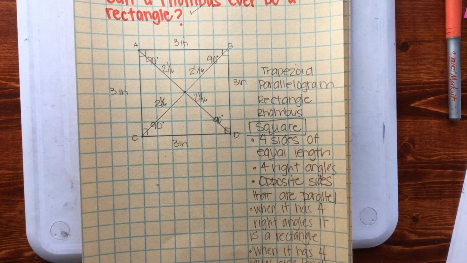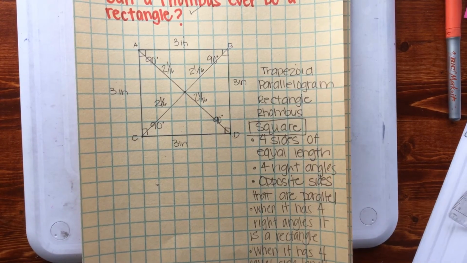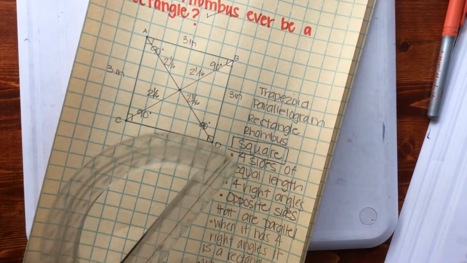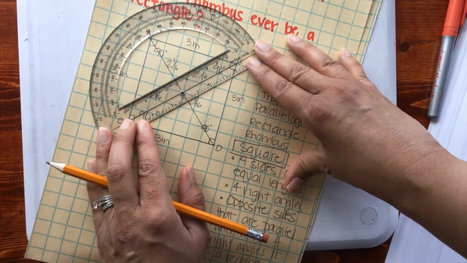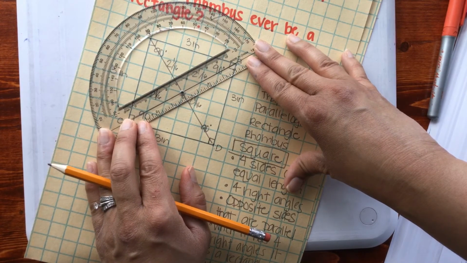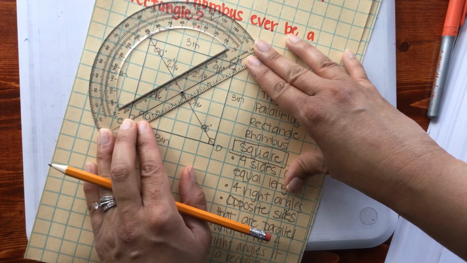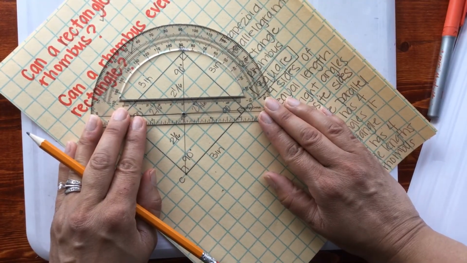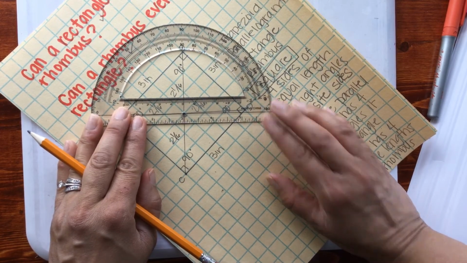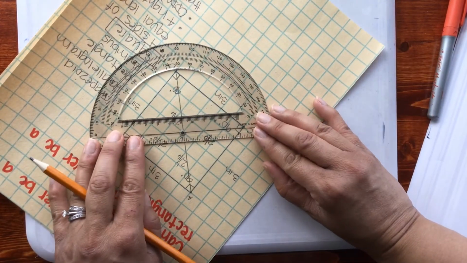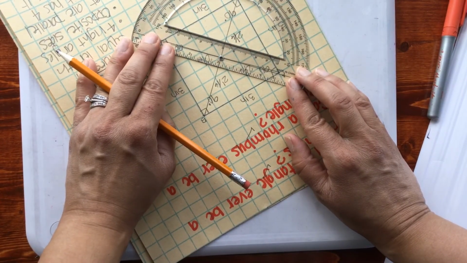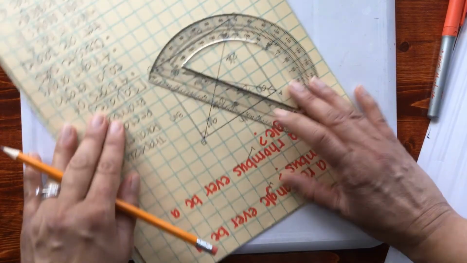And if we measured these angles, we're going to see what we find. My guess is we're probably going to see a 90-degree angle. That's what we saw with our rectangle. And since a square is a rectangle, 90 degrees. And 90 degrees.